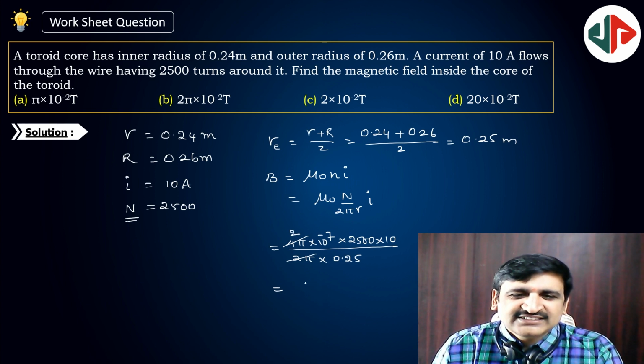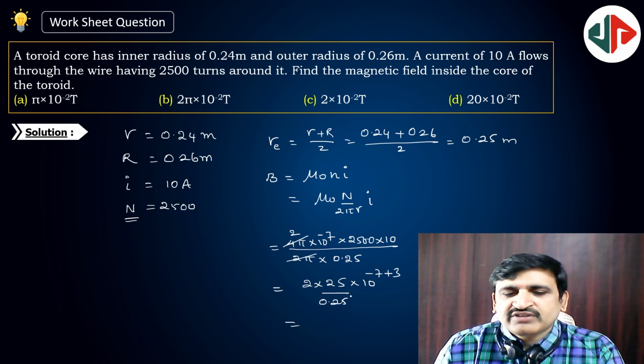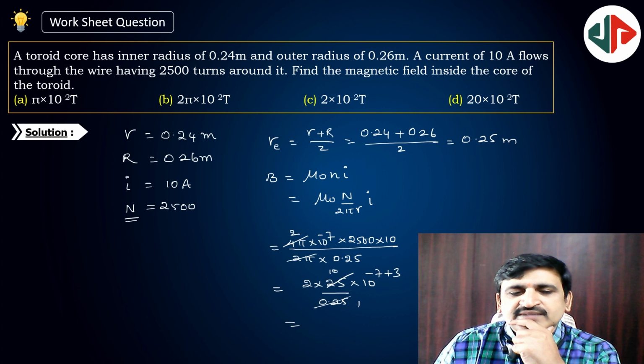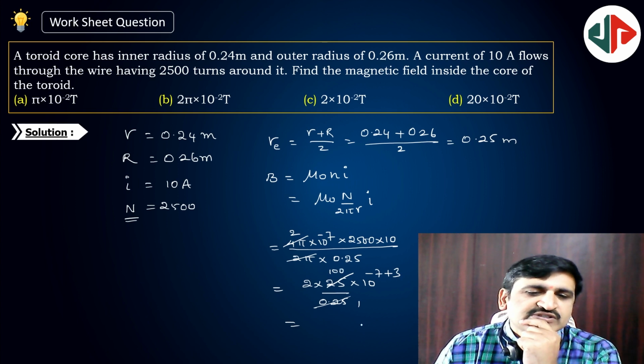This is 2 into 25 into 10 to the power of minus 7 and 0.25 will go here, 25 one times, so 100 times it will be. Another 2 zeros, so 10 power minus 2 will be there.